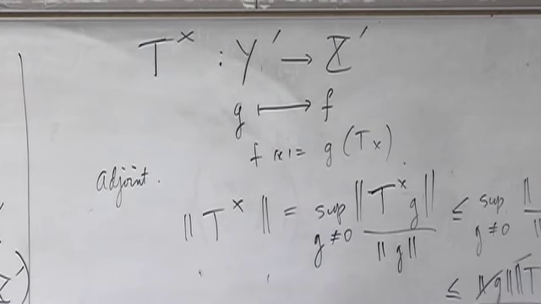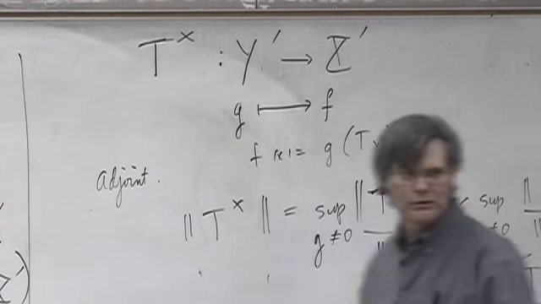So the G's cancel and you just get the norm of T. So the norm of Tx is at most the norm of T.